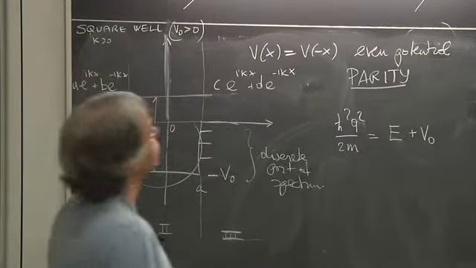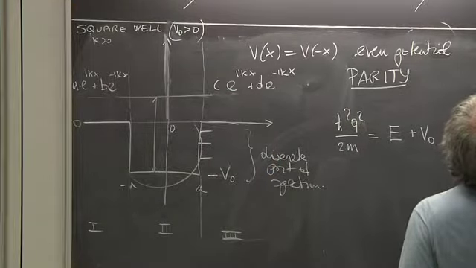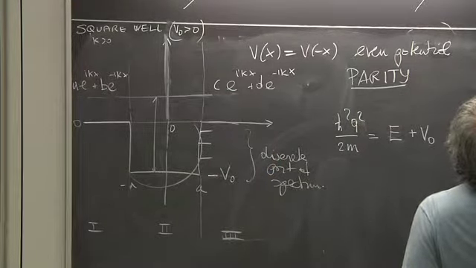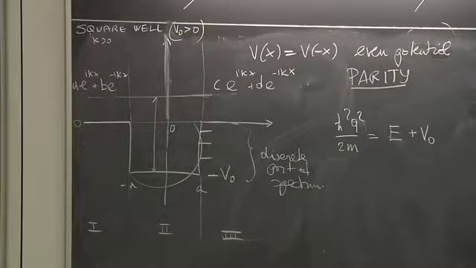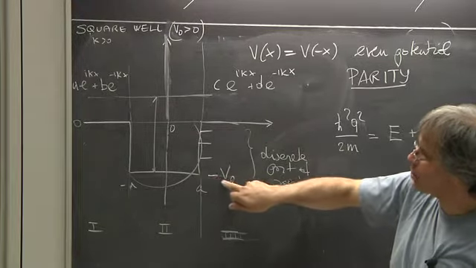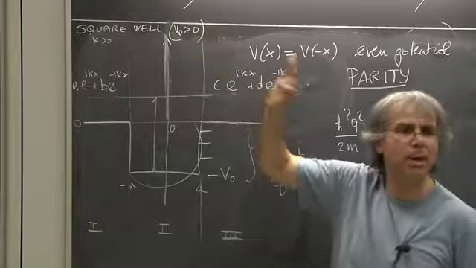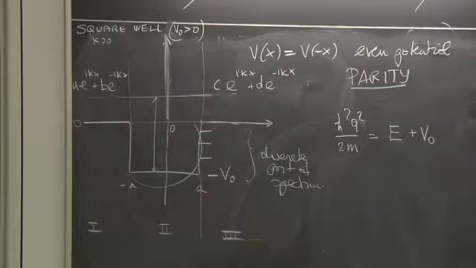Notice the potential appears in the second derivative. If I bring the potential on the other side, I have E minus V. But I have selected the potential here to be minus V0 because I want V0 to be a positive number, okay? And this is the reason why here I get E plus V0, okay?